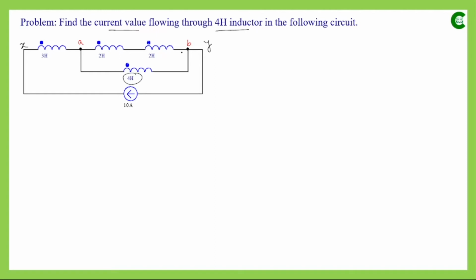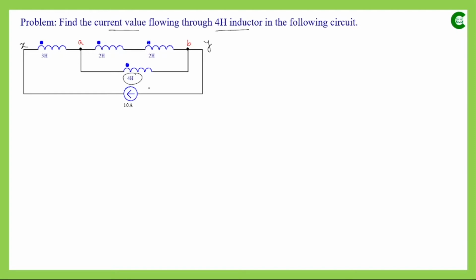Between A and B two inductors are connected in series, and with that series connection this inductor is connected in parallel. With this connection the 3 Henry inductor is connected again in series, and across the whole connection of these 4 inductors this 10 ampere current source is connected in parallel.